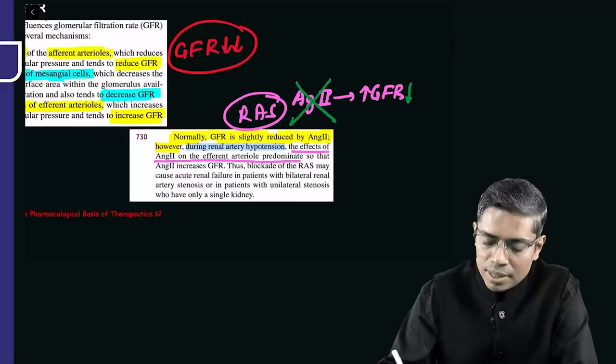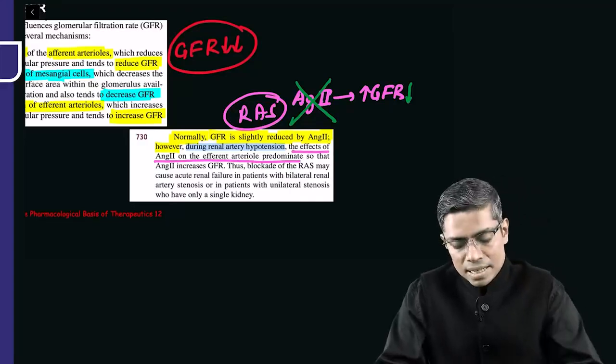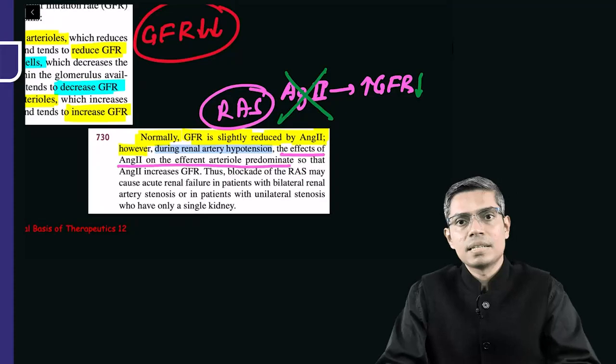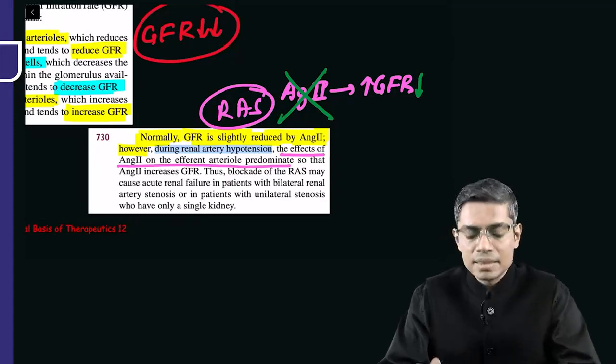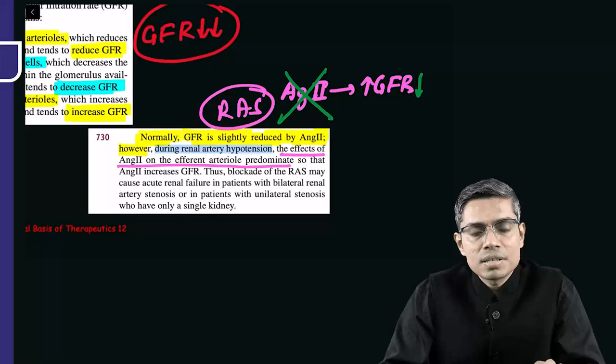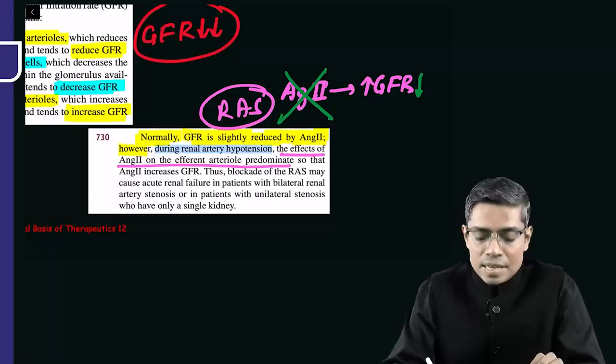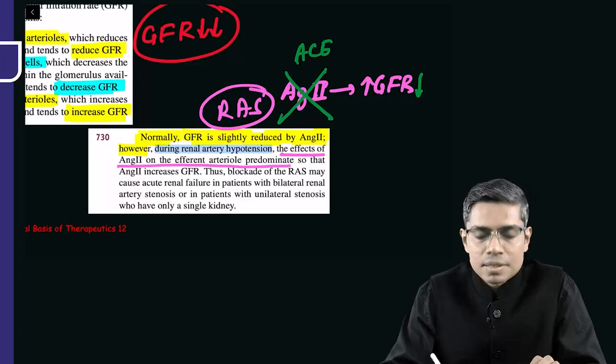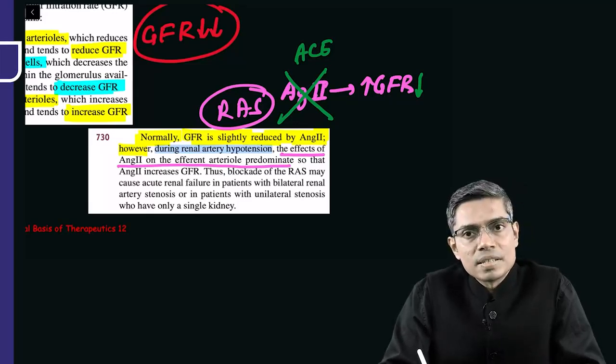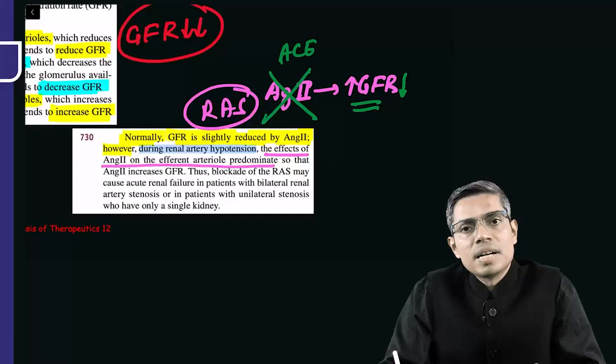Your GFR will fall, and that's why it is said that ACE inhibitors are contraindicated in renal artery stenosis, because if you give an ACE inhibitor, it will decrease production of angiotensin II, and that will lead to reduction in GFR, and renal failure may happen.